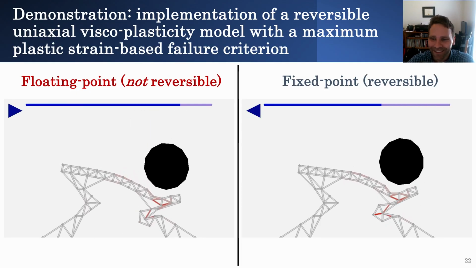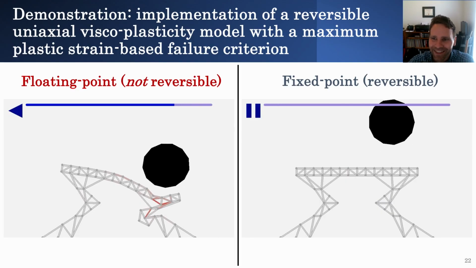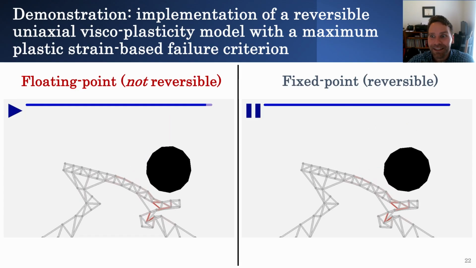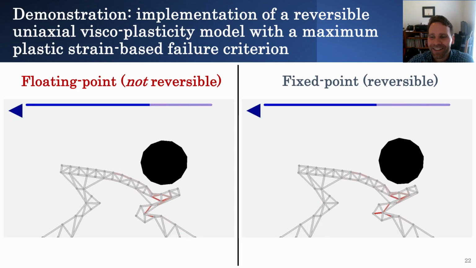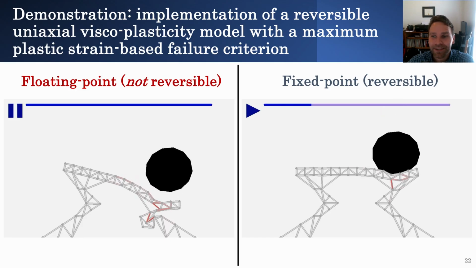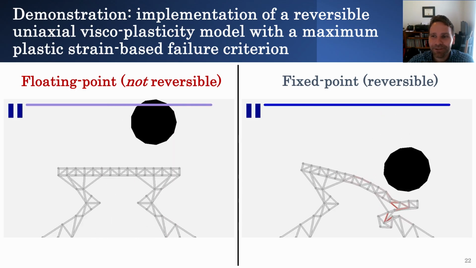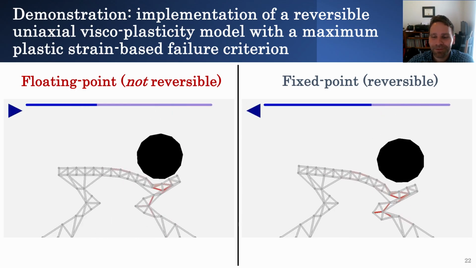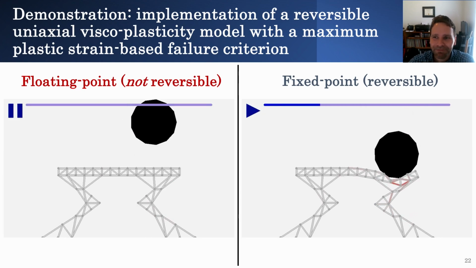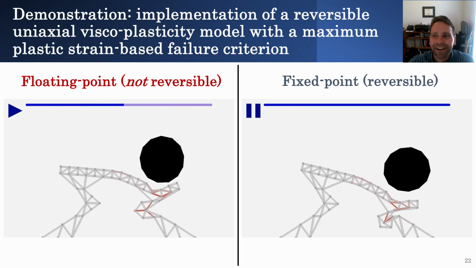But otherwise, doing all these different things and applying exactly this bit-reversible approach, I can even reverse in time this crazy, nonlinear problem. And potentially use this in the context of solving inverse and optimization problems for these transient dynamic events that involve extreme material behavior and nonlinearity.